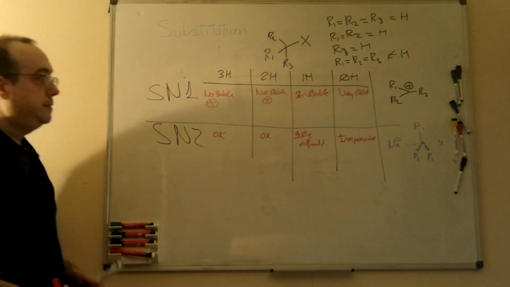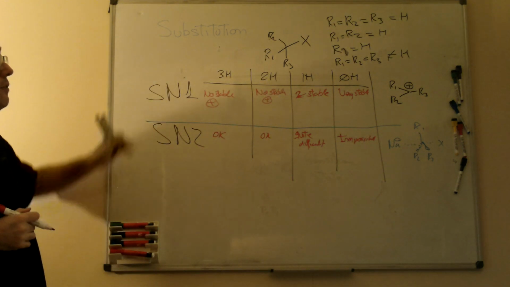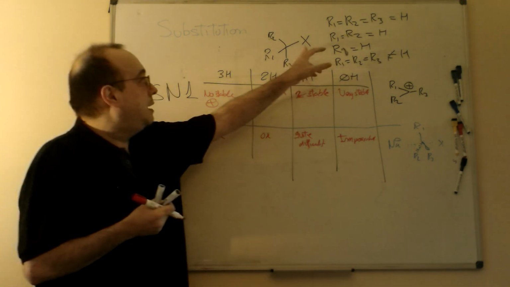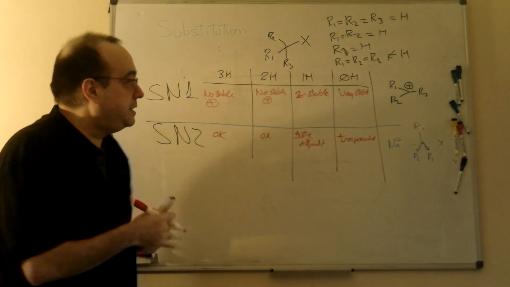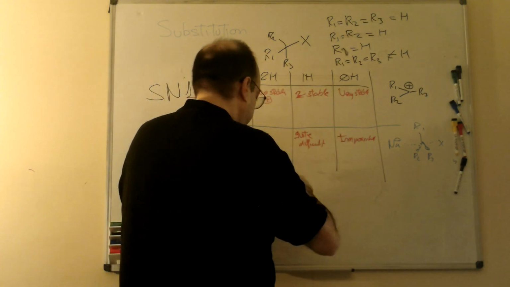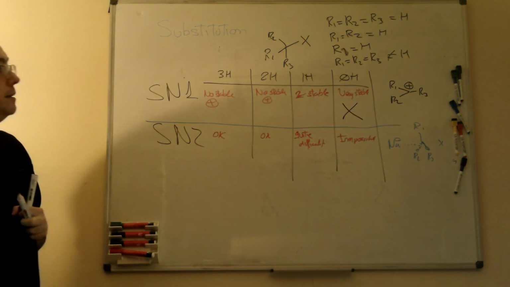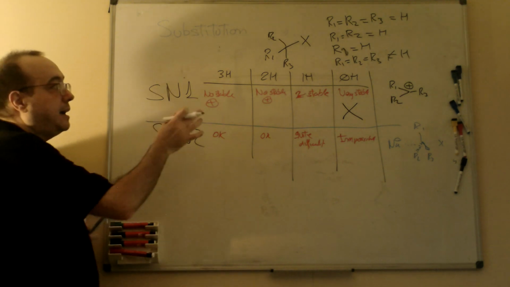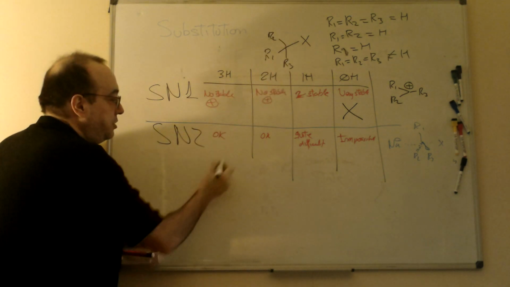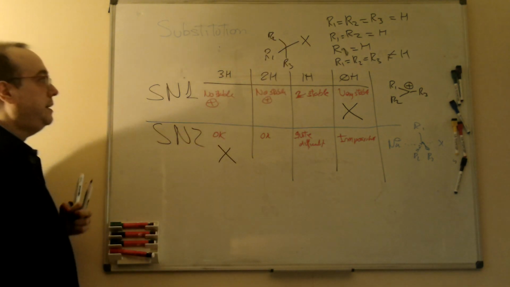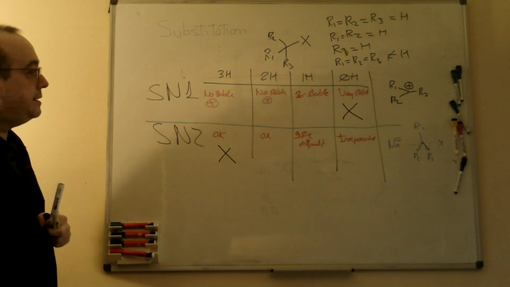That means, if we have a compound with zero hydrogens, the only possibility is SN1. If we have a compound that has three hydrogens, the only possibility is SN2.